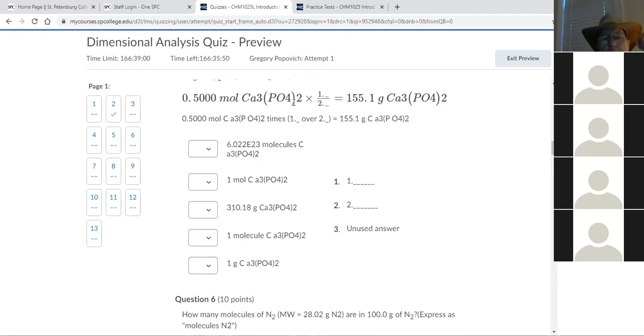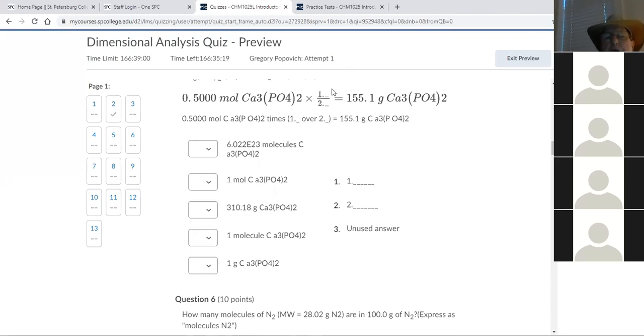How many moles is 1 gram of calcium phosphate equal to? Remember, this is our known, and this is what we're trying to solve for. So we're going to have to go from moles to grams. What's the label that's going to go on top? 310 grams. Thank you very much. It's going to be the 310 grams.